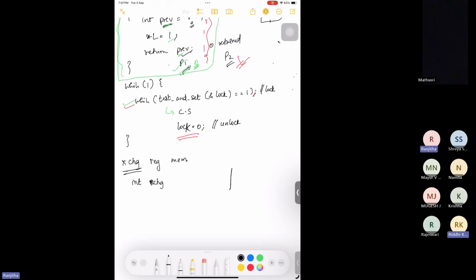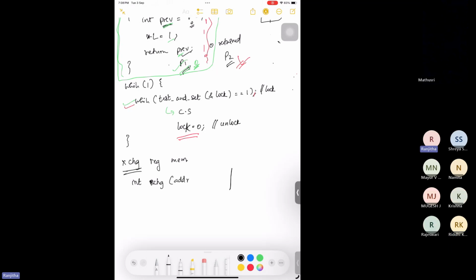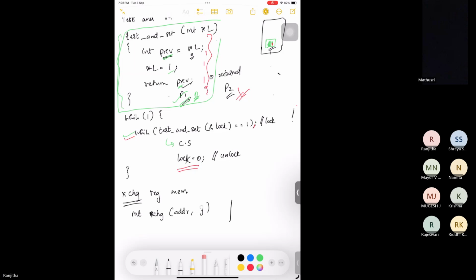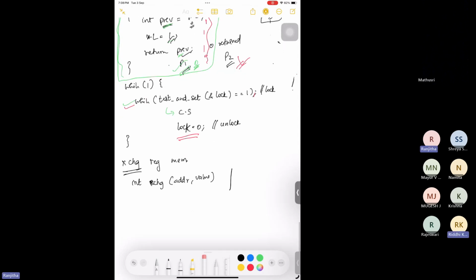If you want to see how it works, XCHG will take the address, that is this memory address, then the value. We saw, right? We are setting 1. So that value, whatever value we want. What happens inside this instruction is that first the EAX register will have the value and then this instruction will be called.